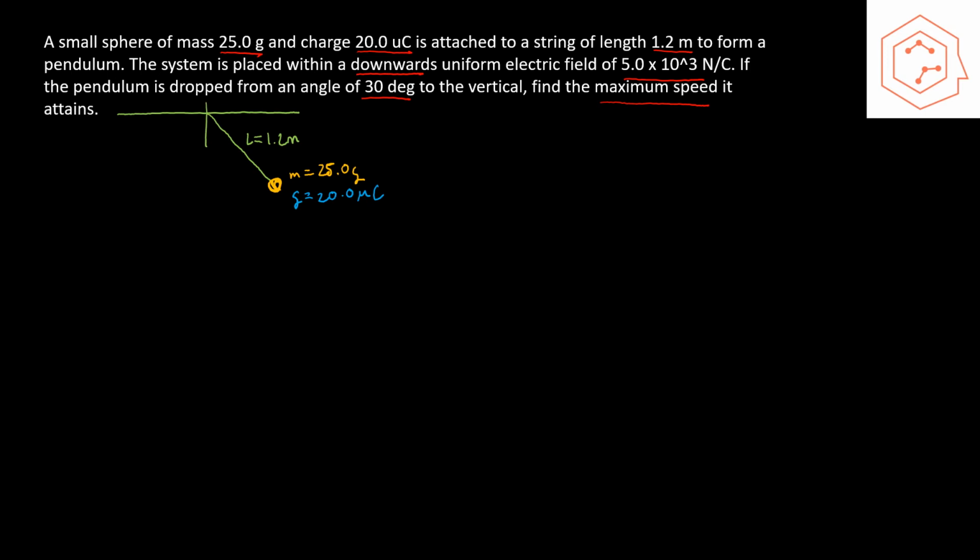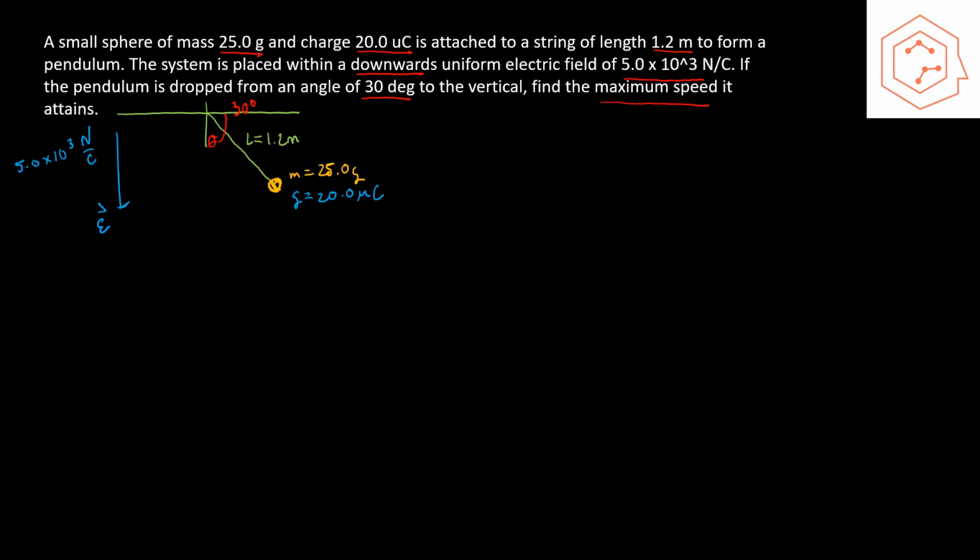It's being dropped from an initial angle of 30 degrees in an electric field that's going downwards of 5 times 10 to the 3 newtons per coulomb. And we want to know the maximum speed it attains.